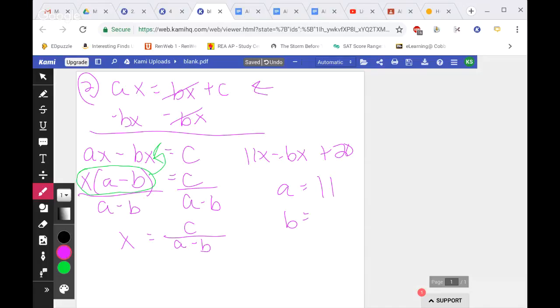And B equals what? 6. It's actually just a regular 6; it's just my handwriting. And C equals what? 20. Good job. So I'll plug all of those numbers back in. I have 20 over 11 minus 6, which equals 20 over 5, which equals 4.